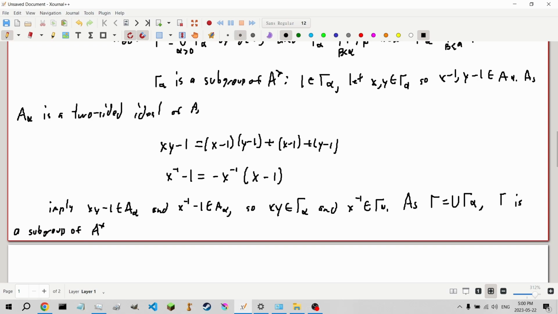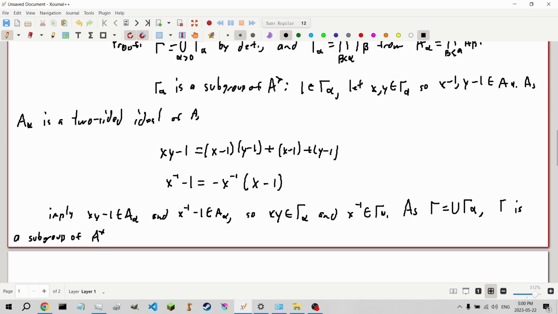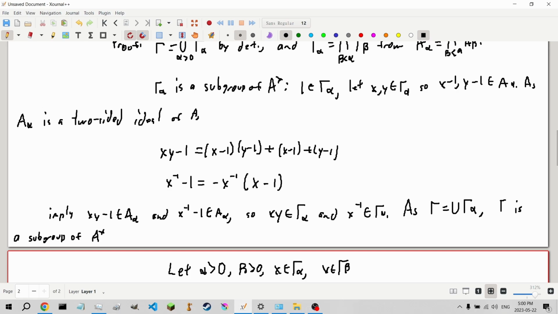Now we want to show it's a central filtration. So let alpha be positive, beta be positive, and x be in gamma alpha, y be in gamma beta. And we're going to let xi be x minus 1 and eta be y minus 1.